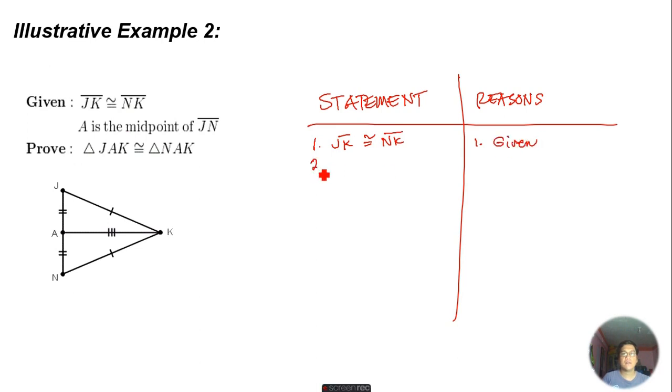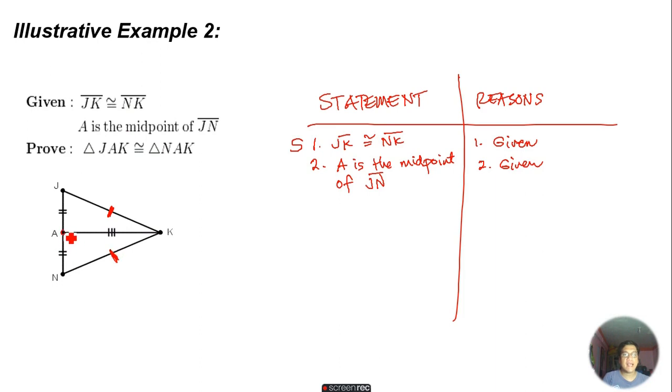Next, number 2. A is the midpoint of JN. Given again. Doing this, you are sure already that this is a side. Now, go to the figure. It's already marked: JK is congruent to NK.